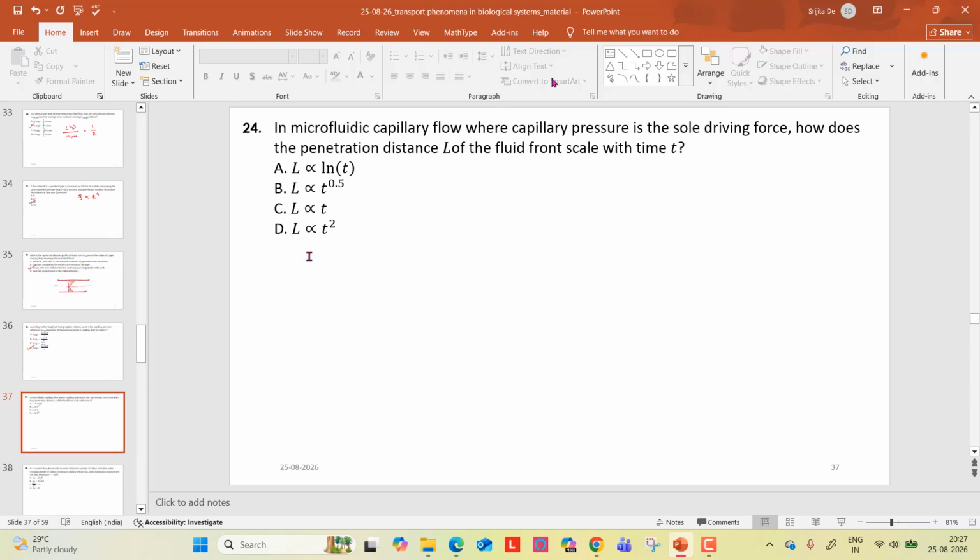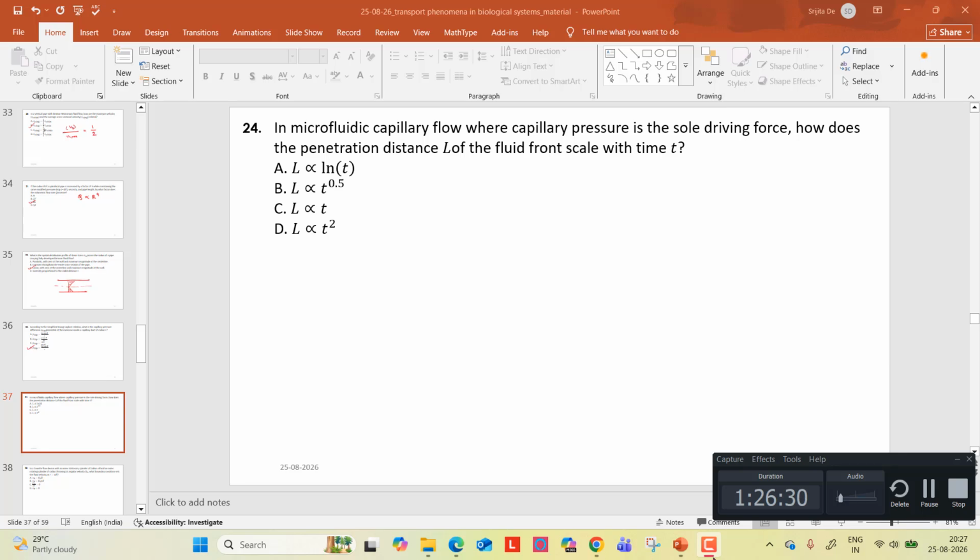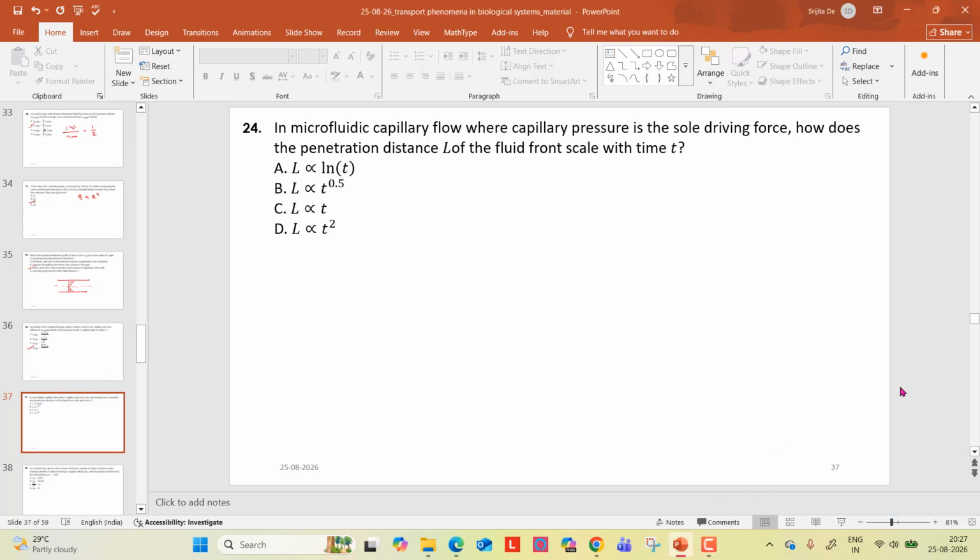Okay. In microfluidic capillary flow, where capillary pressure is the sole driving force, how does the penetration distance L of the fluid front scale with time t?